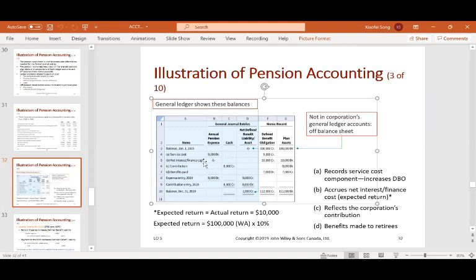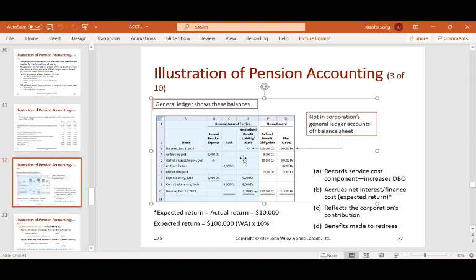The second one is net interest, the finance cost. We got a 0. It's just coincidence because the beginning balance of both are the same. So 10% of 100,000 plan asset gives us 10,000 expected return. 10% on 100,000 defined benefit obligation gives us 10,000 interest. And the net is 0.